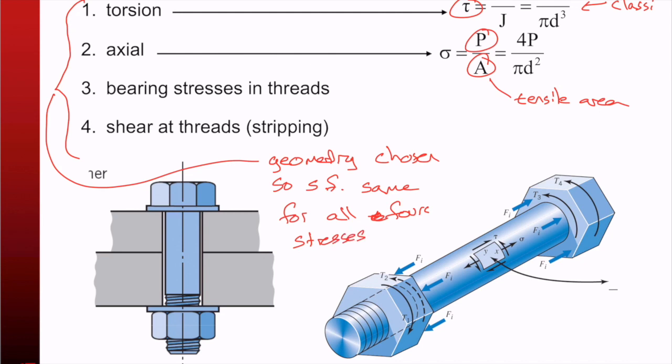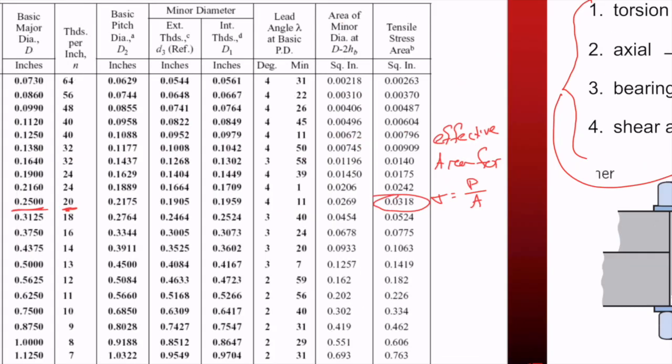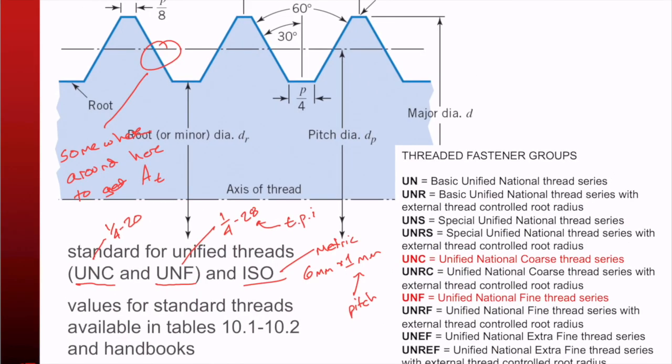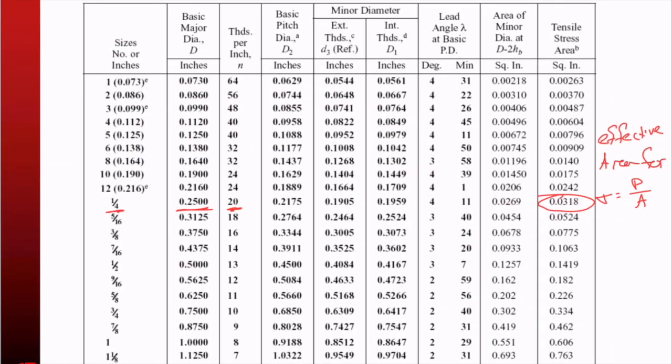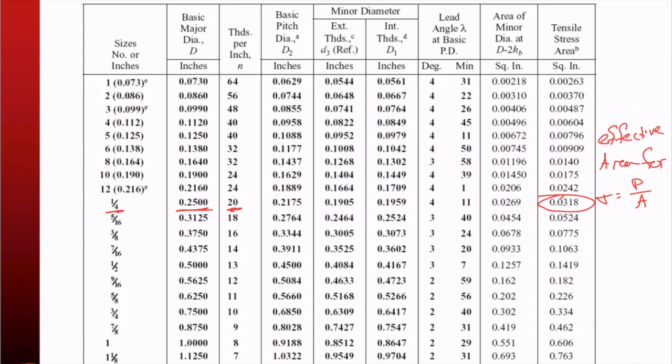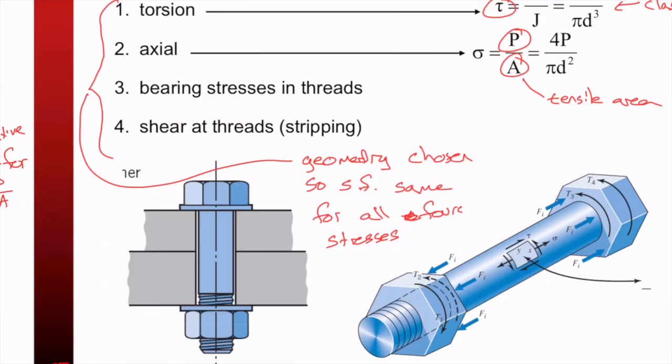That was terrible handwriting. Sorry about that. So the geometry, so we don't want the threads to be stronger than the bolt. We don't want them to be stronger in contact than they are in shear, right? So that's why all these are so standardized, right?